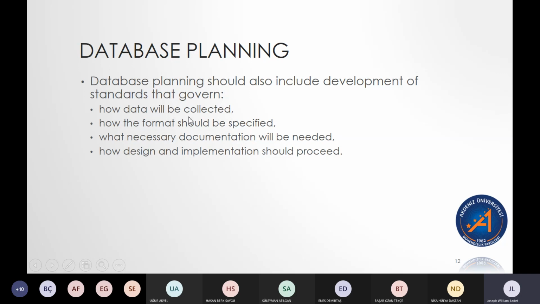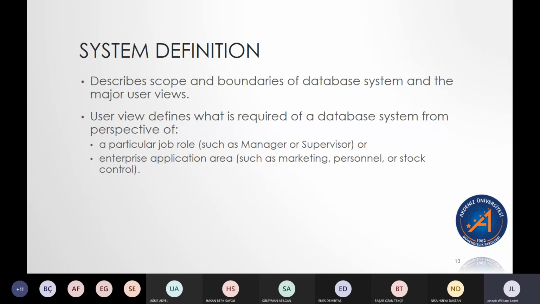So data might be documentation that the customer provides us, right? But the documentation that we create will also, we need to plan out, okay, what all will we need to create? And how the design and implementation should get there. How should we get from, again, no database to a fully realized, ready to go database? All right.